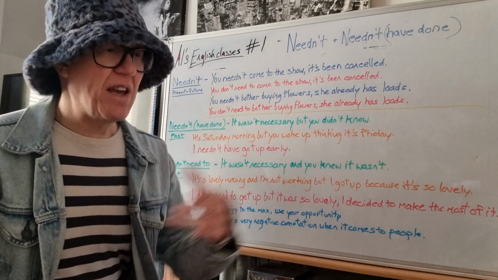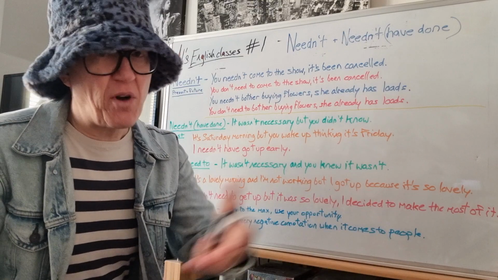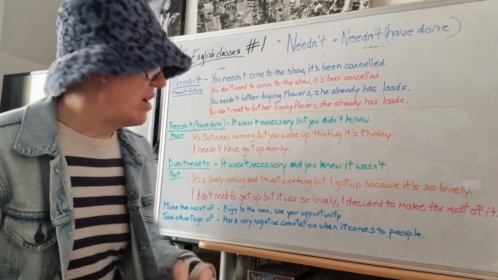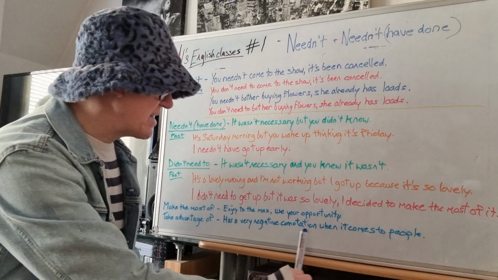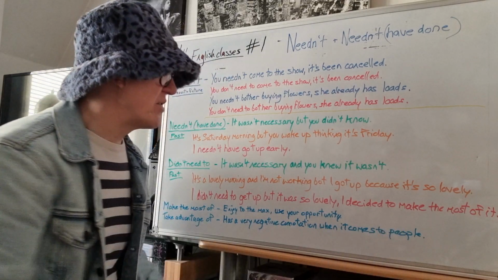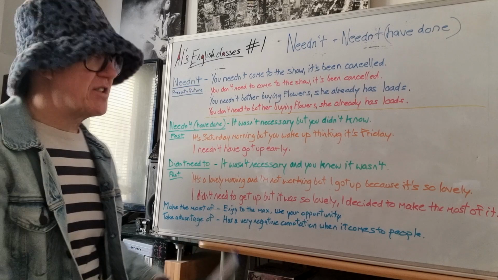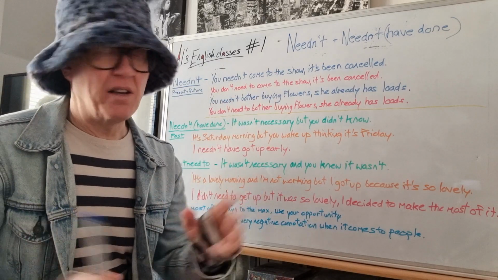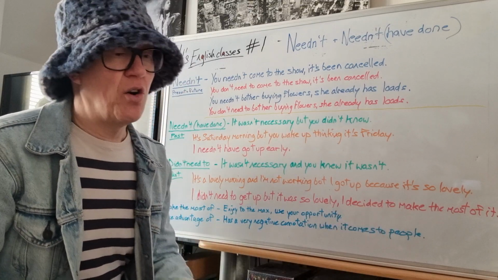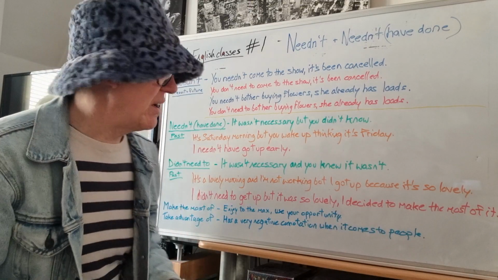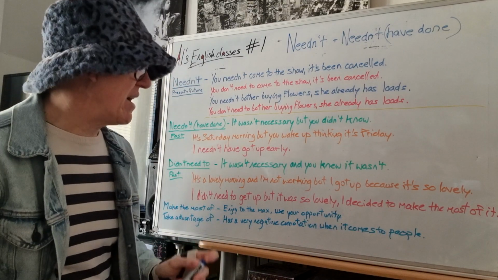You can make the most of his presence or her presence, but not him or her. Okay, so take advantage of has a very negative connotation when it comes to people. So for example, if you take advantage of the weather, fine. If you take advantage of me or Sarah or Alejandro, then you are a bad person.